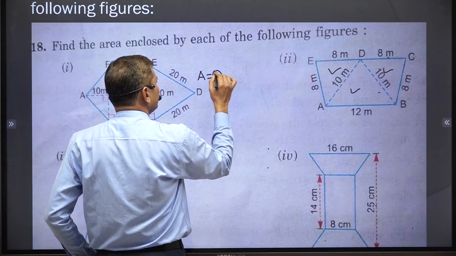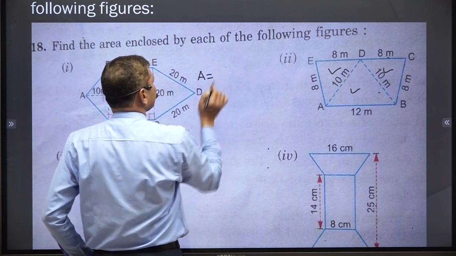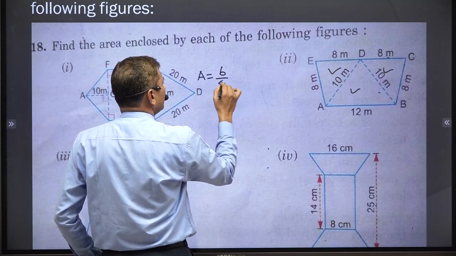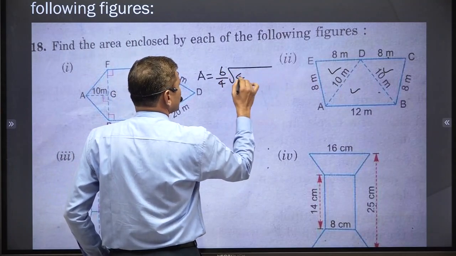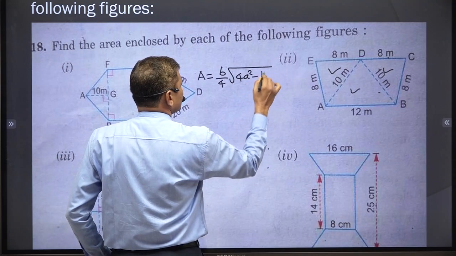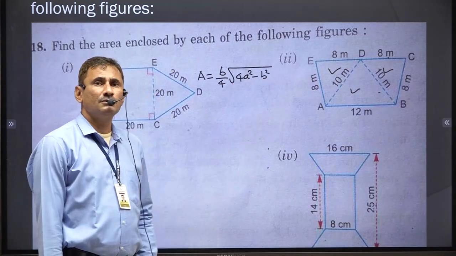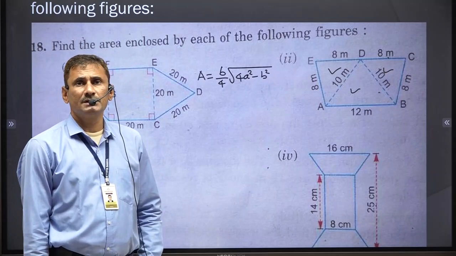What is that? B by 4 times the square root of 4a square minus b square. Don't cut the 4s. So this is the formula for the area of isosceles triangles.